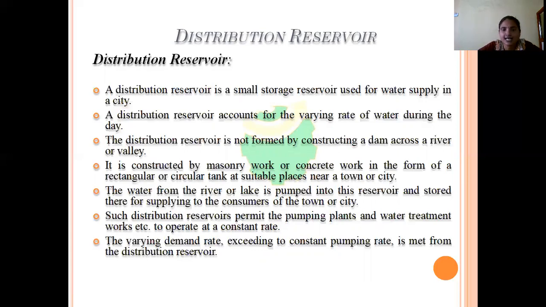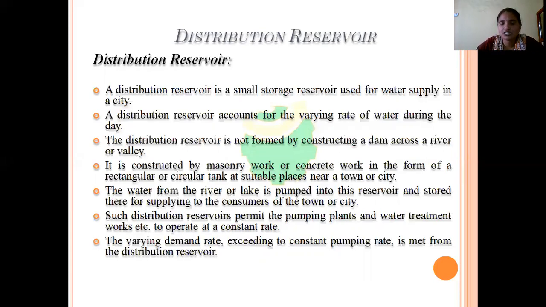Okay, it is constructed by masonry work or concrete work in the form of a rectangular or circular tank at suitable places near a town or city. The water from the river or lake is pumped into this reservoir and stored there for supplying to the consumers of the town or city.